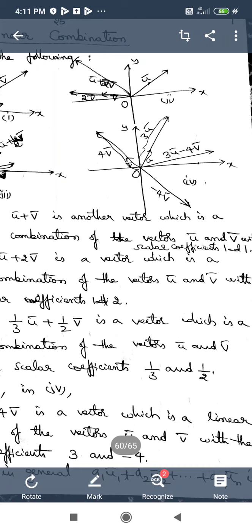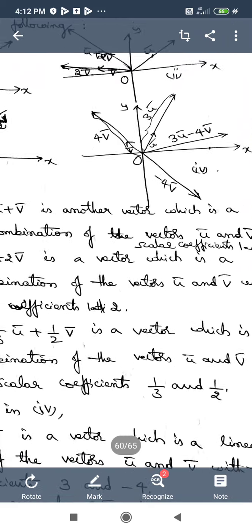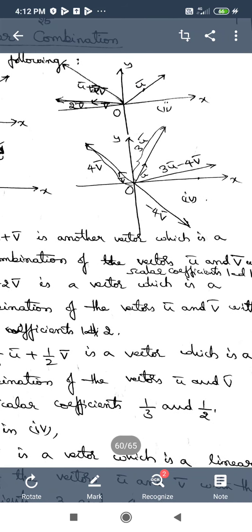At the same time I have mentioned 2v bar also. So the 2v bar vector is double of it. We can see the size and direction is the same, and the vector going from the origin which is placed in between u bar and 2v bar is representing u bar plus 2v bar.